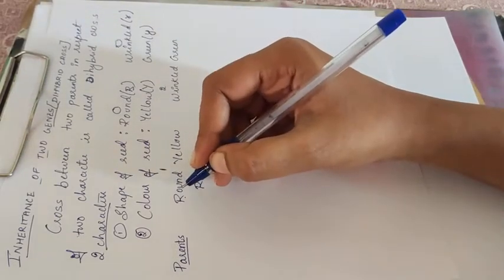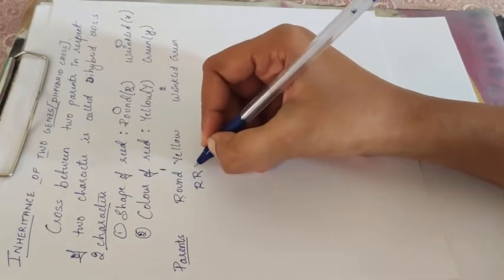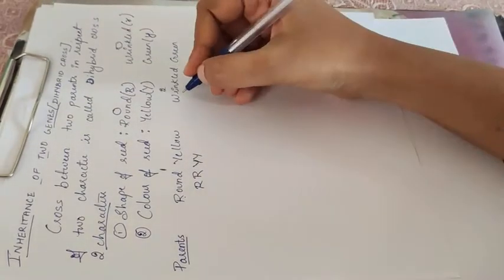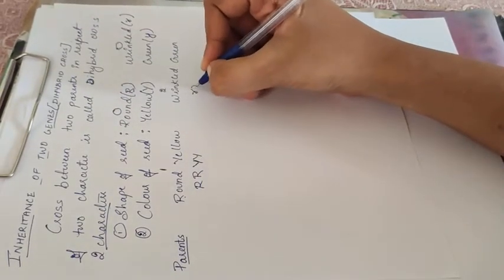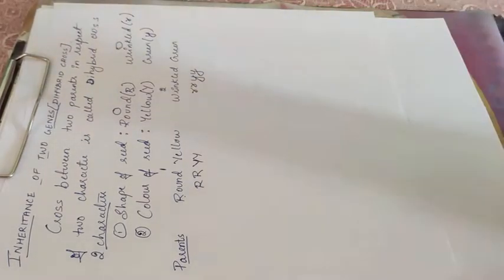Similarly, for round the homozygous condition is capital R and capital R. For yellow it is capital Y and capital Y. Here in this case it is small r, small r, small y, small y. These are the parents which we have selected.